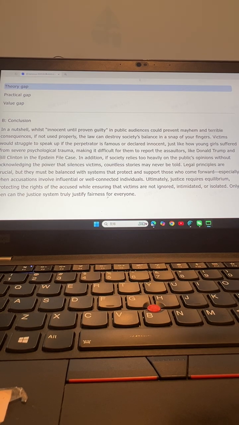And I just summed it up in the end, where justice requires equal treatment, fairness, and to protect the right of the accused while ensuring that the victims are not ignored.